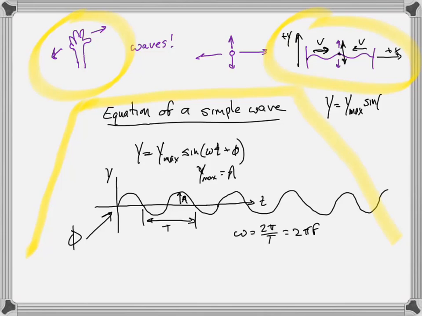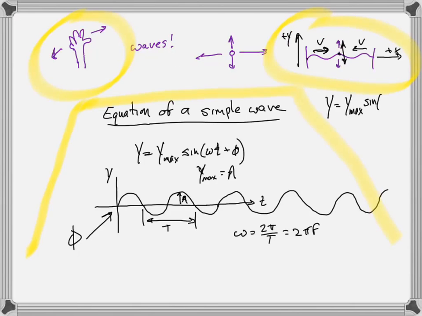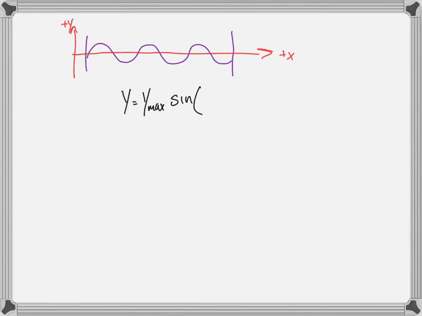So now I'm looking at a spatial equation rather than a time-based equation. And in space, we want it to be a function of distance, x, and then it's going to be some constant, we're going to call it k, times x. Careful, because k is not spring constant.